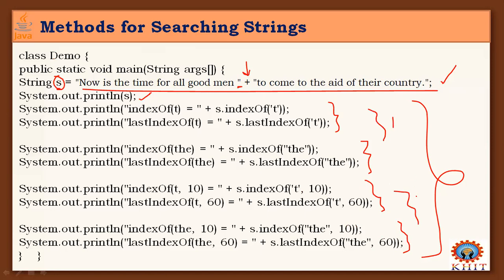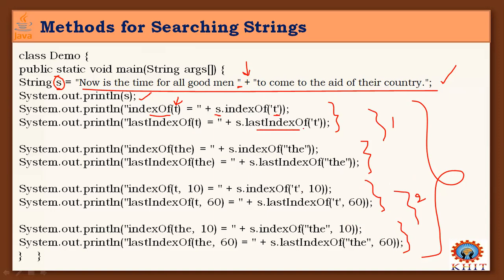This is the first case and this is the second case. First form, second form. The first form contains the indexOf method. We just gave the character P on this object. What is the index of that character P in the given string?